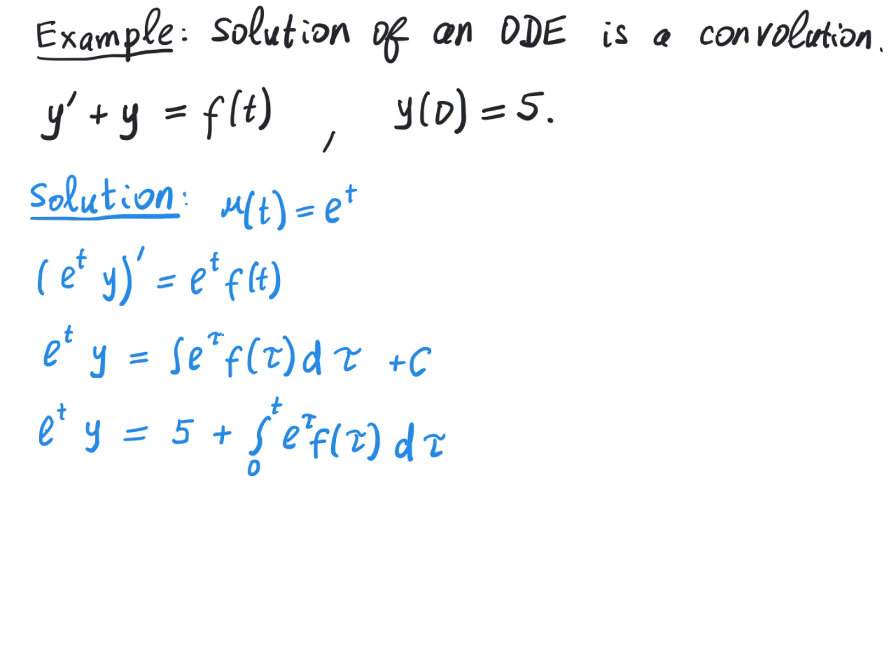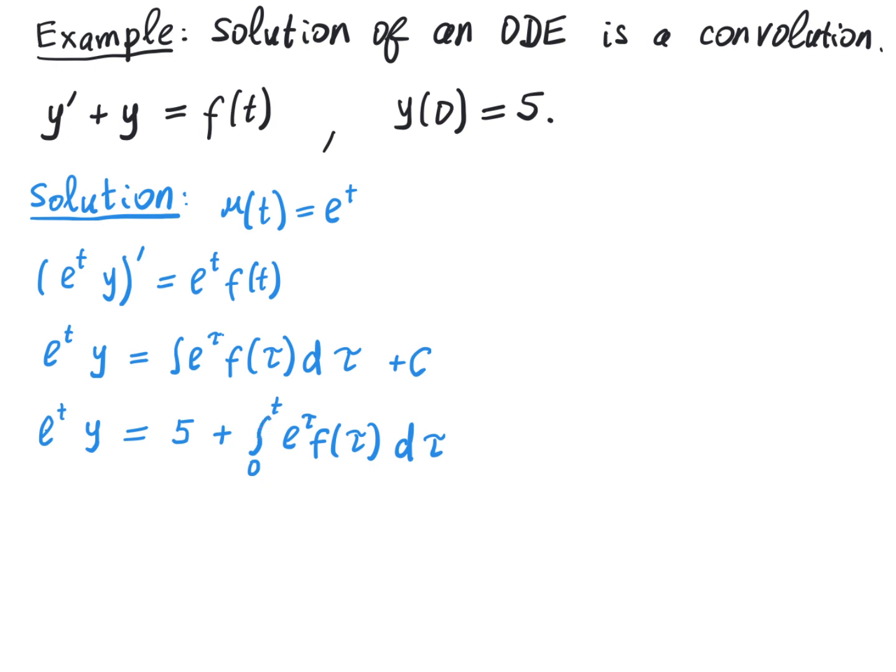So indeed, this expression is an antiderivative of e to the tau f of tau, and when t equals 0, the left side will be y of 0, which is 5, and the right side will be 5 plus the integral from 0 to 0, so 5 plus 0.